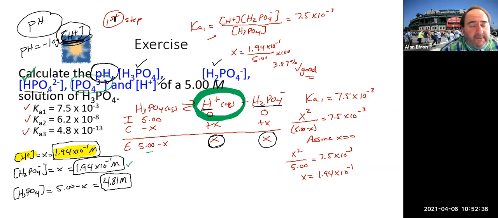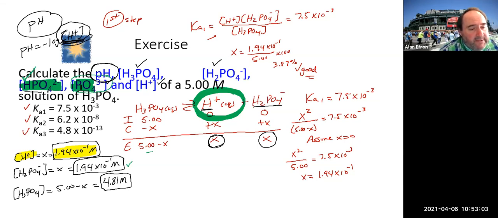Does that mean you need to do the entire calculation like we did here? The answer is it depends on the question. The reason we had to do this entire calculation is because in this problem, they wanted to know what the phosphate's concentration was. They also wanted to know what this one's concentration was. The only way to get to those numbers was to do step number 2 and step number 3 of the dissociation.